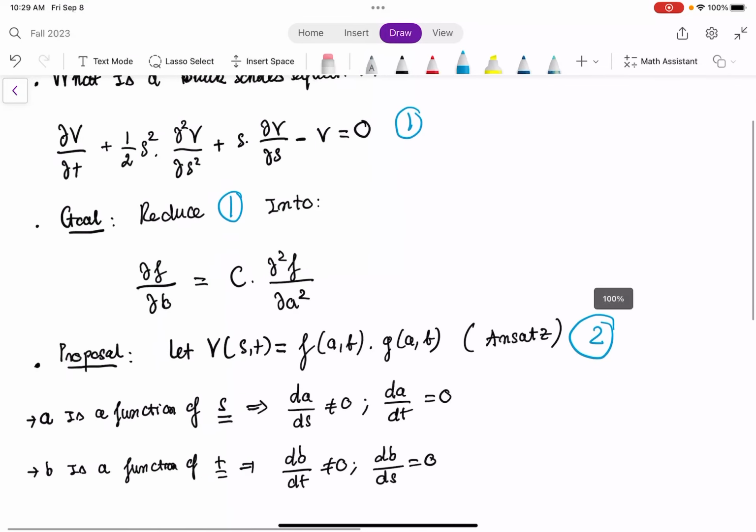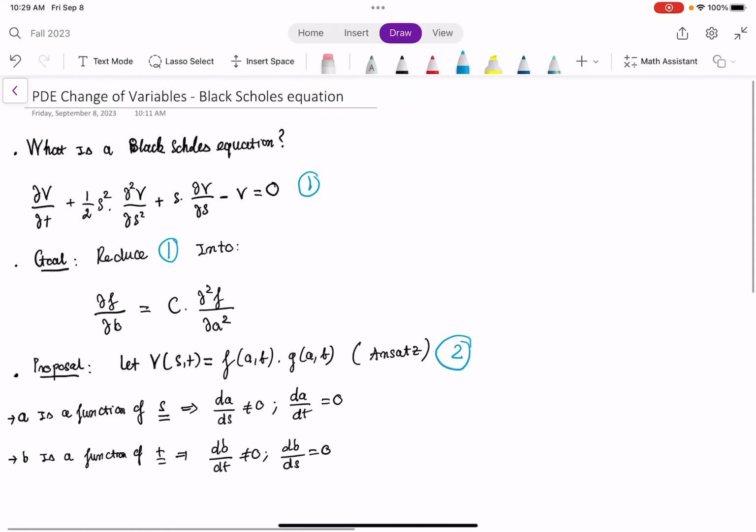So let me recap, as some sort of introduction video for the Black-Scholes equation. If you look at 1, this is the original Black-Scholes equation. Through this video, I would like to reduce it into a separable PDE, first order.